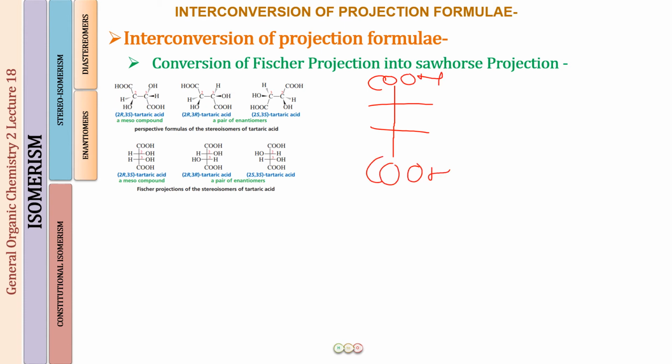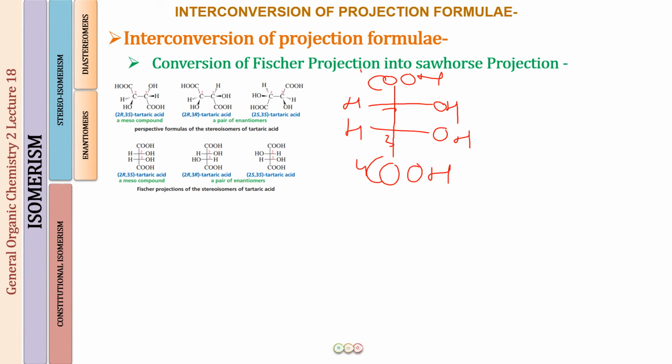So mesotartaric acid: carbon number 1, carbon number 2, carbon number 3, carbon number 4, butane 1,4-dioic acid. We have OH group at position number 2 and position number 3. This is 2,3-dihydroxybutane 1,4-dioic acid.